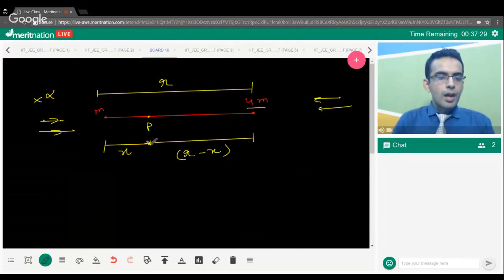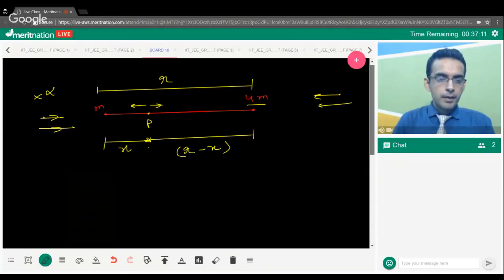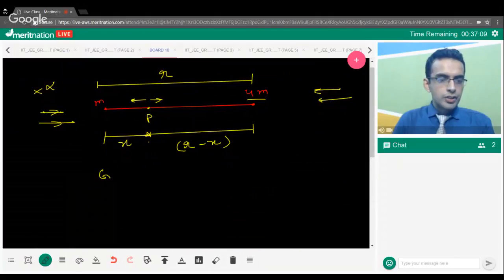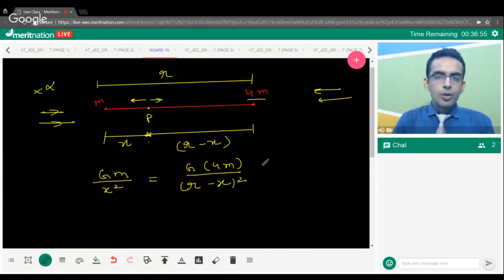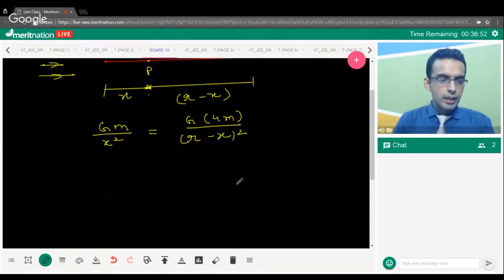Now at point P, we are assuming the gravitational field is 0, so the field due to small m will be towards left, and due to 4m will be towards right. So we equate GM by x square with G into 4m by (r minus x) whole square.